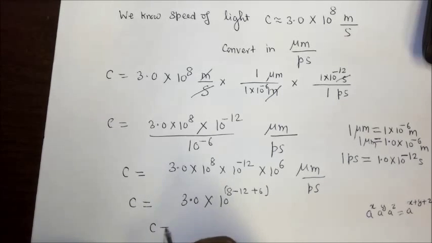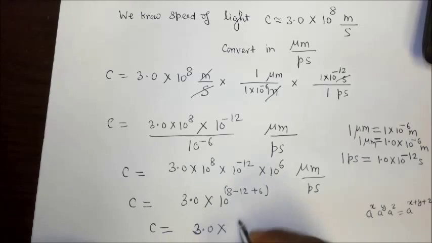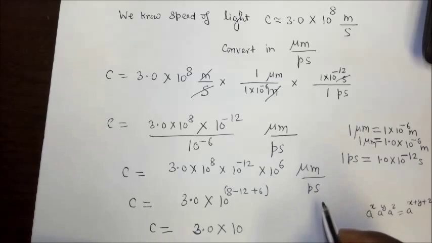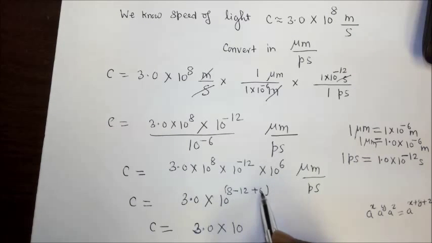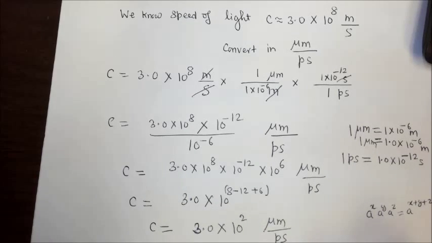So C is equal to 3.0 times 10 to the power 8 plus 6 is 14, 14 minus 12 is 2, so 10 to the power 2 micrometer per picosecond. That's the speed of light in micrometer per picosecond.